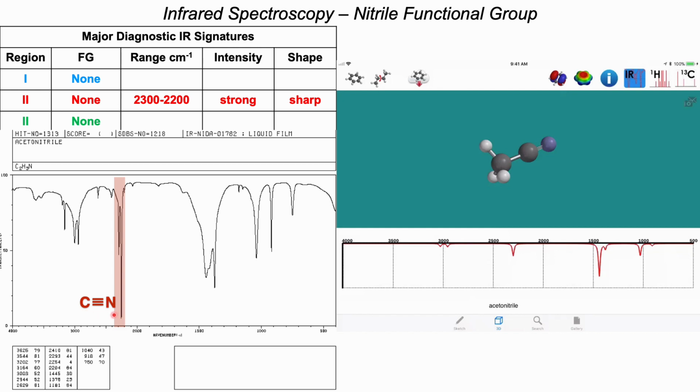The CN triple bond, the nitrile, otherwise known as the cyano group, you can see that it's really intense, really sharp, so down and back up in terms of the intensity. And so in this movie, we'll see that in region 2.